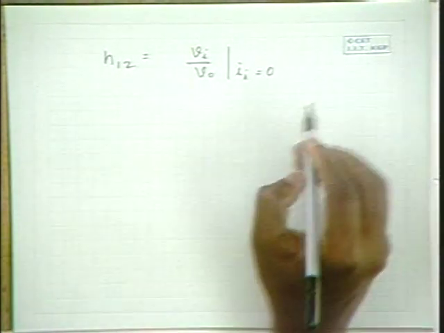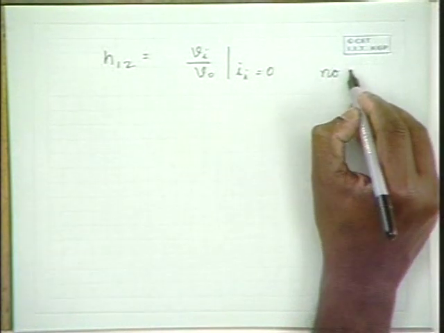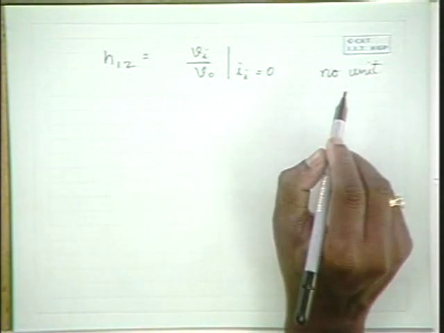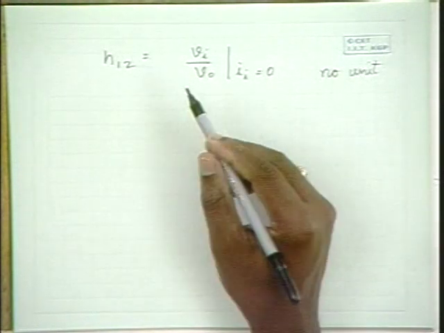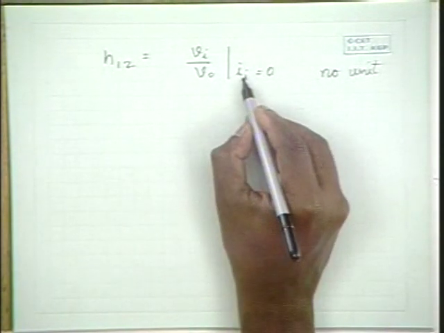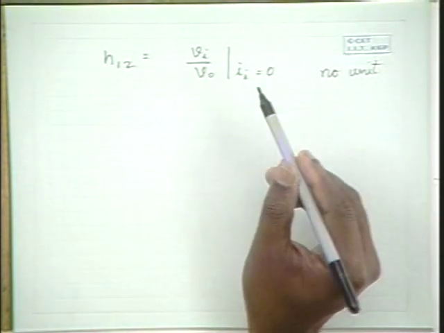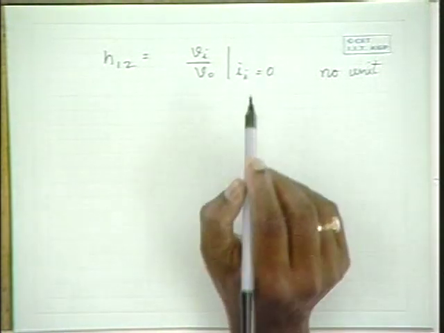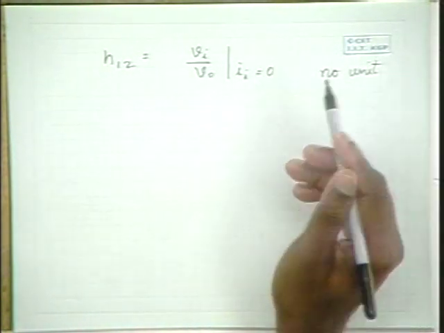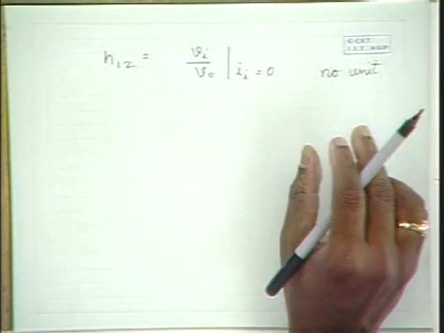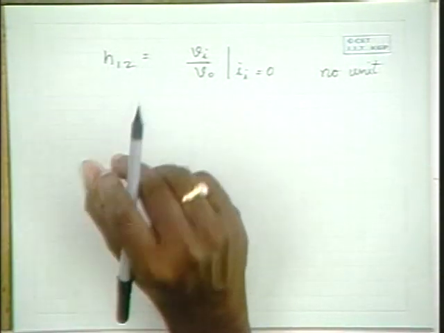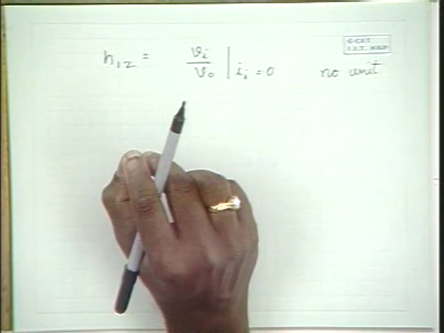So what are the units? There are no units. It is a ratio of a voltage and another voltage. It's a proportionality constant, and it is the ratio between the input voltage to output voltage when Ii is equal to 0. What does it mean? When you excite some voltage at the output port, it reflects in some voltage at the input, which we don't like, but then it does appear, and that voltage to the excitation ratio is this.